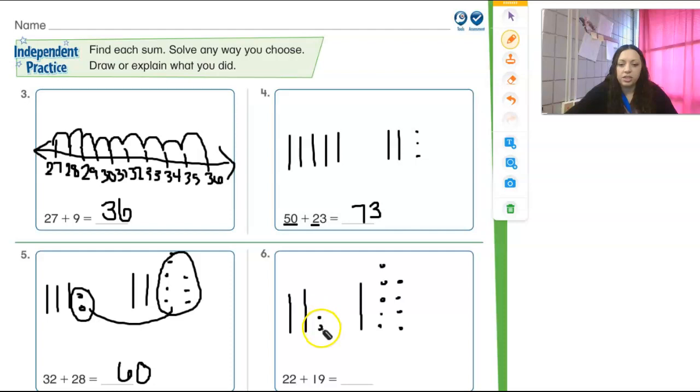So I have 1, 2, 3, 4, 5, 6, 7, 8, 9, 10. So look, I need all of these besides that one left over. So I'm going to come over and drag them over with these 2 over here and make a big group of 10. So now I have 1, 2, 3, 4 groups of 10. So 4 groups of 10, and then how many left over? 1. So I would have 10, 20, 30, 40, and then one more, so 41.